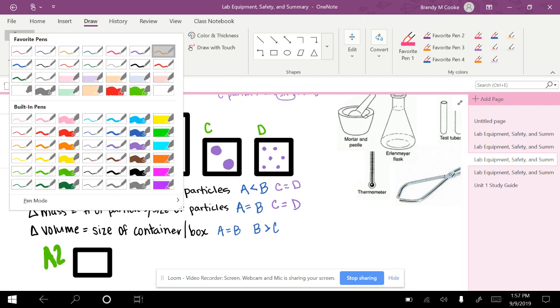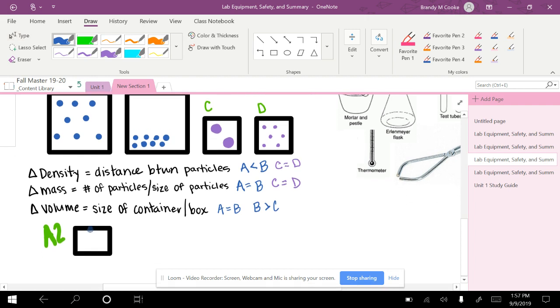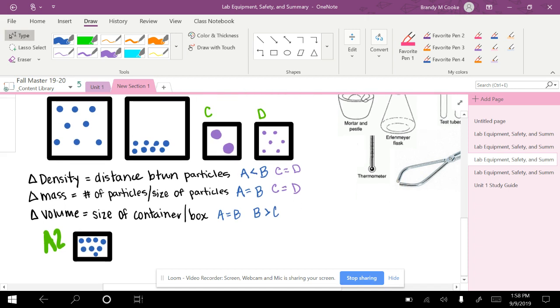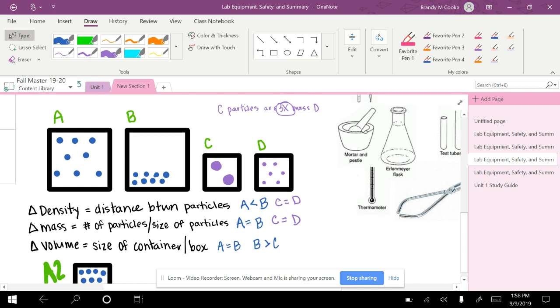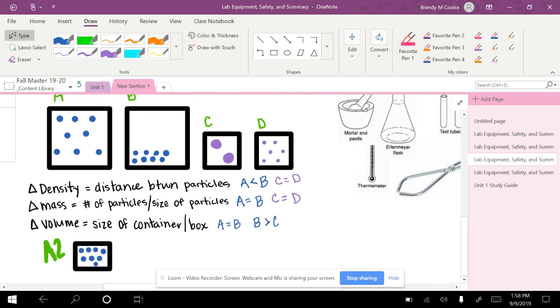And if they are closer together, then their density is higher. Got all 8 in there. So now the density of A2 is going to be much higher than A. There's a lot more space in box A than there is in A2.